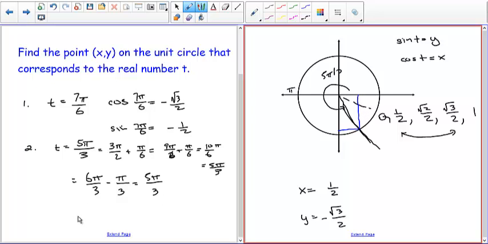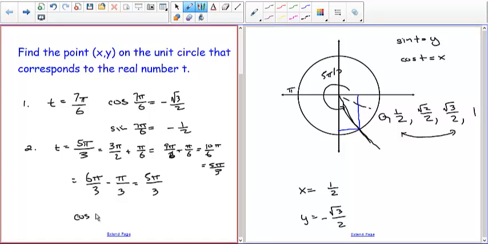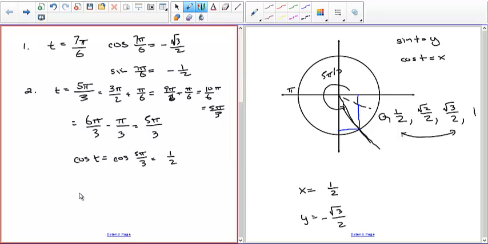So from that, I can say that the cosine of t, which is the cosine of 5 pi over 3, is equal to the x-coordinate, which is 1/2, and the sine of t, which is the sine of 5 pi over 3, is going to be the y-coordinate, which is negative the square root of 3 over 2.